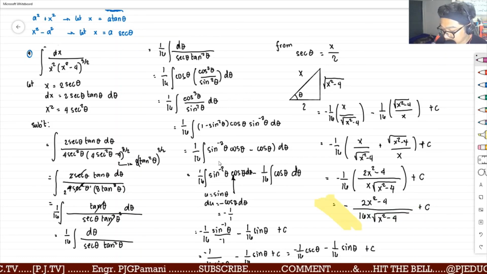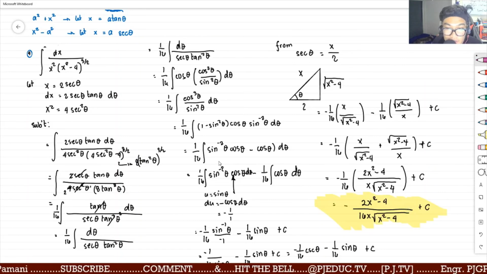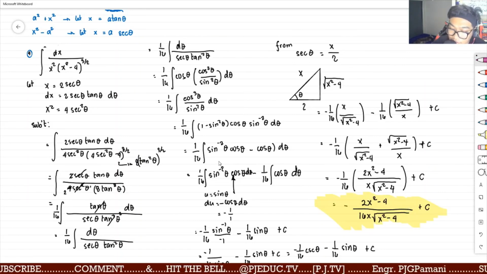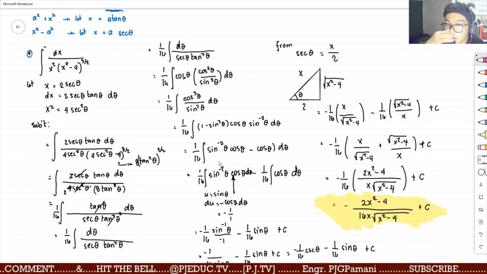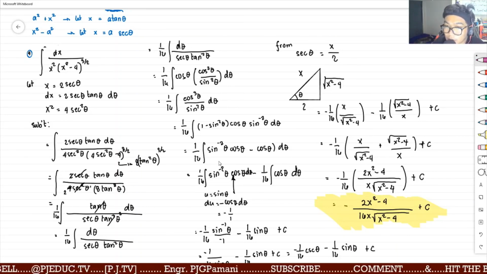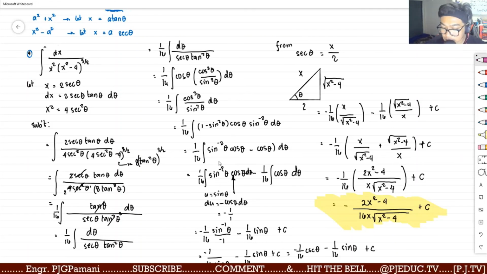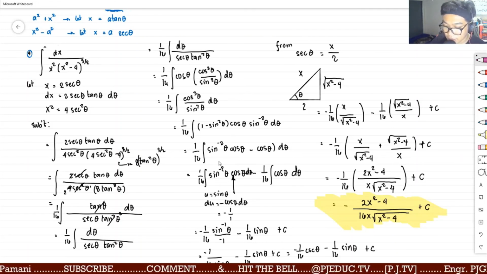Ngayon, yung final integral or integrated form of dx over x squared times x squared minus 4 raised to 3. Yan na yung final answer natin in that problem.